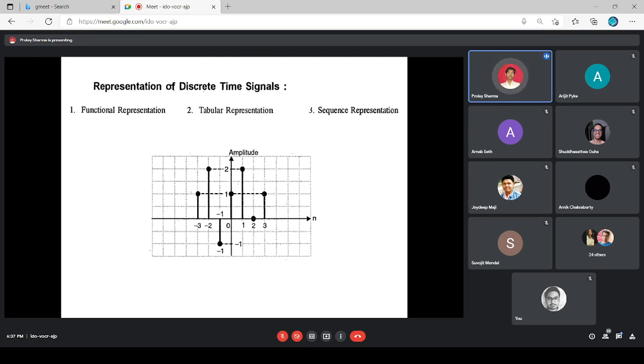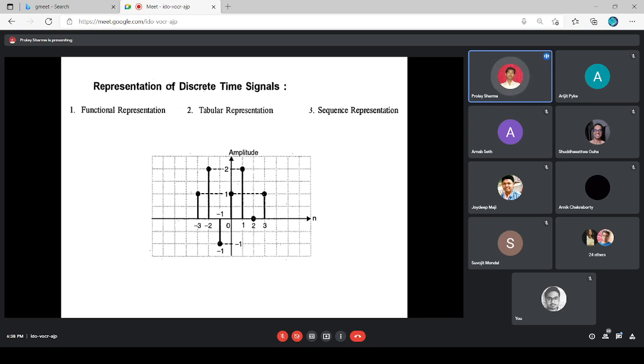Actually, in our digital signal processing course, we will deal only with digital signals or discrete signals. So how can we represent a discrete signal? There are three kinds of representation we have. One is functional representation. The second one is tabular representation. And the third one is sequence representation.